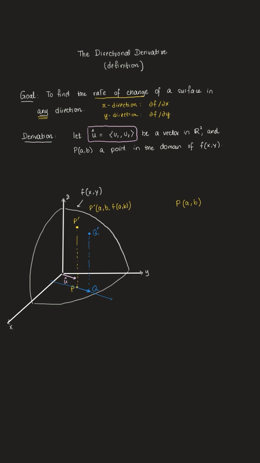And I'm also going to draw a secant line between P prime and Q prime on our surface. So P prime Q prime is a secant line on our surface. And what we would like to do is figure out the limiting value of the slope of that secant line. So how can we let Q prime approach P prime and define that derivative, the slope of the tangent line at P prime? That's what we're looking for.